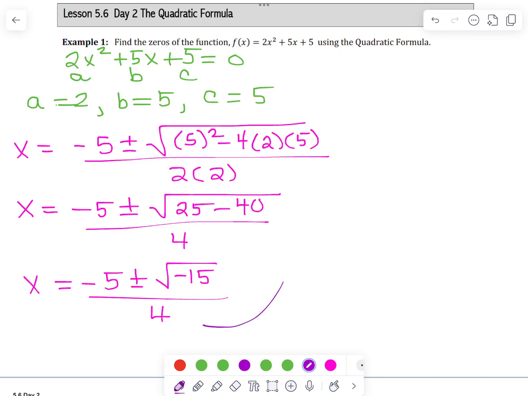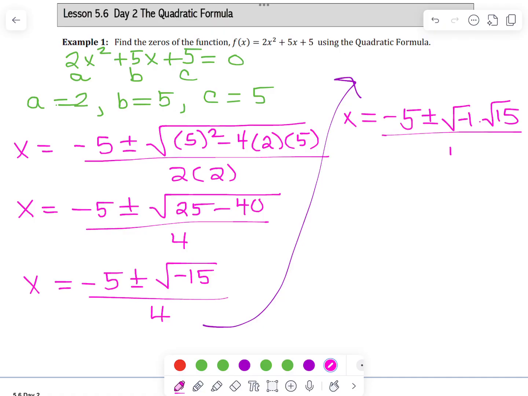So I'm just going to come over here and continue simplifying. So now we have that negative, so I'm going to separate this out as negative 1 and square root of 15 over 4. So then x equals negative 5 plus or minus.